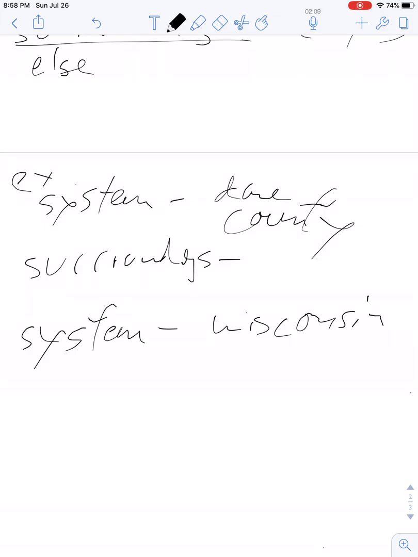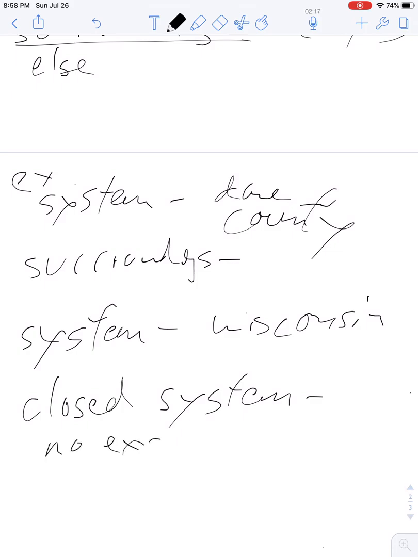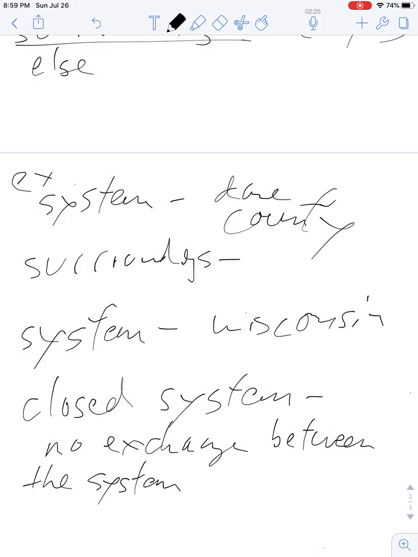Okay? Now you can have a closed system, and a closed system is where there is no exchange between the system and the surroundings. Okay?